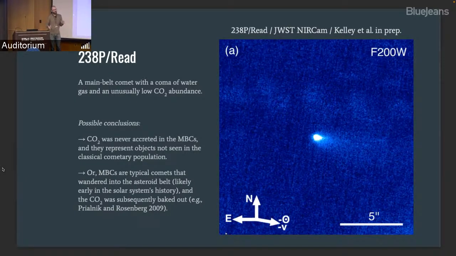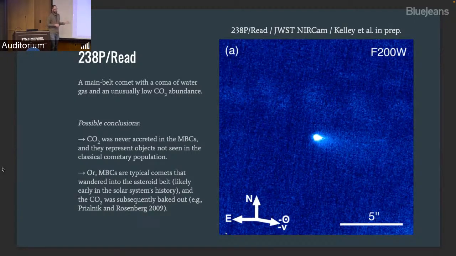Now, what we don't know is what that precisely means in terms of whether it formed in a warmer location than all the other comets, or had it been a normal comet in its early history and was emplaced in the main asteroid belt at some later point and has just lost that CO2 over time.